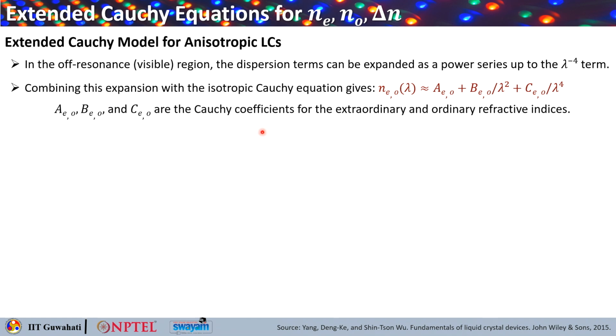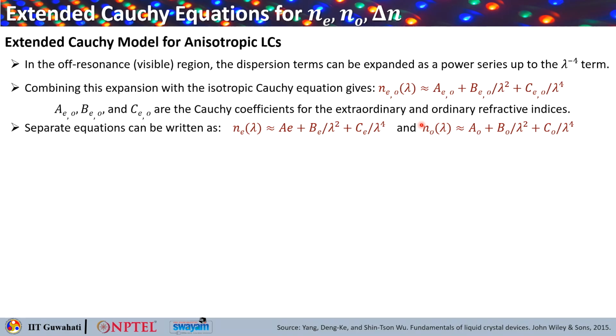So, combining this expression with the isotropic Cauchy equations gives Ne or O as a function of lambda, which can be written as A E,O plus B E,O over lambda square plus C E,O over lambda to the power 4. So, this A, B and C are the Cauchy coefficients for the extraordinary and ordinary refractive indices.